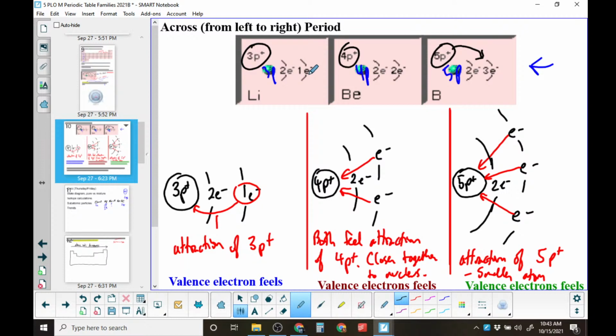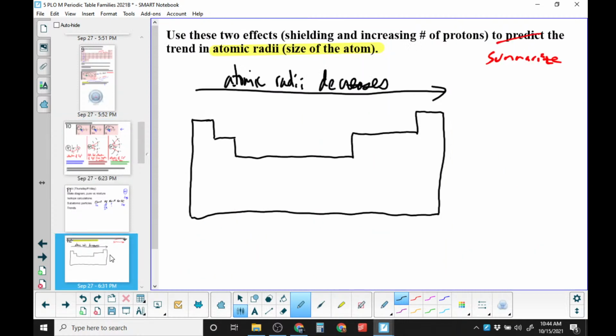More protons, more attraction, pulling everything together. The electrons don't matter as much because they're acting independently of each other. It matters the most about the proton. The electrons matter a little. It's the size of the atom.